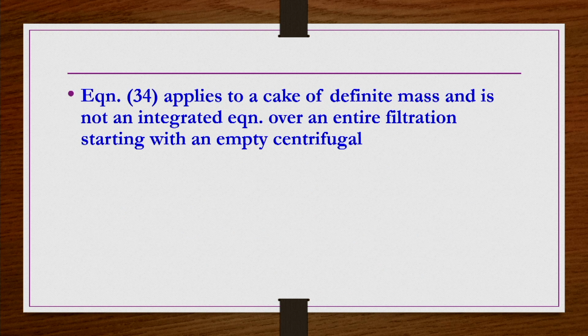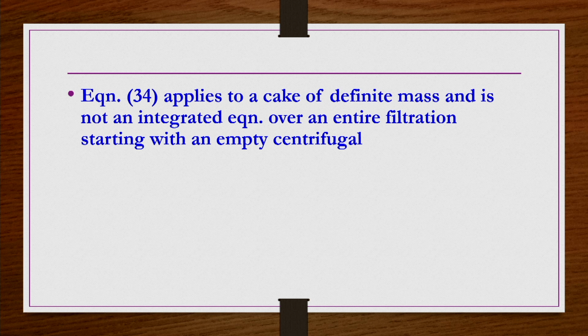So, this equation 34 developed in terms of AL bar, AA bar and A2 applies to a cake of definite mass and is not an integrated equation over the entire filtration starting with an empty centrifuge.